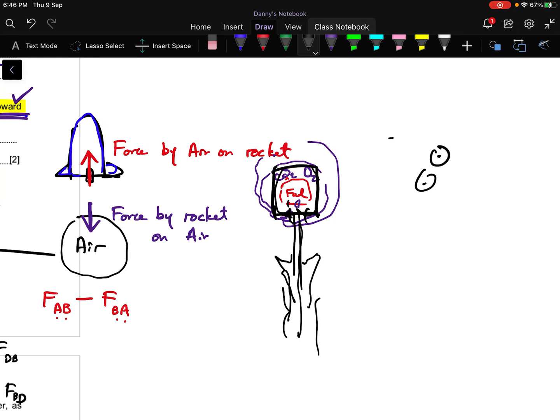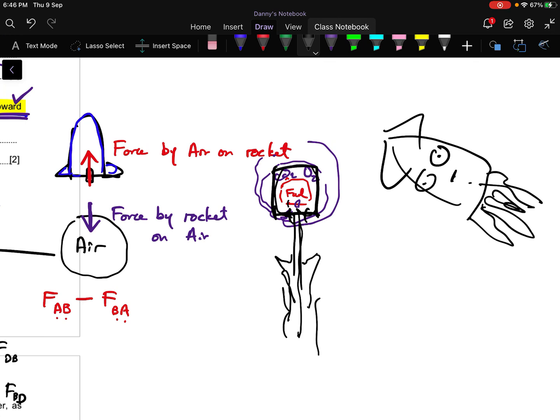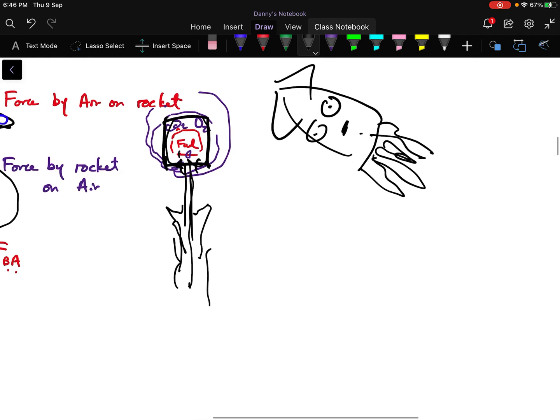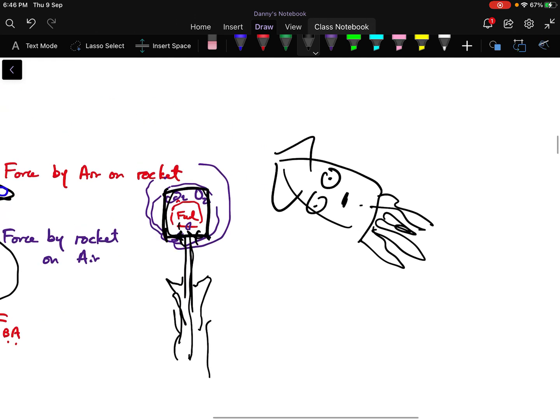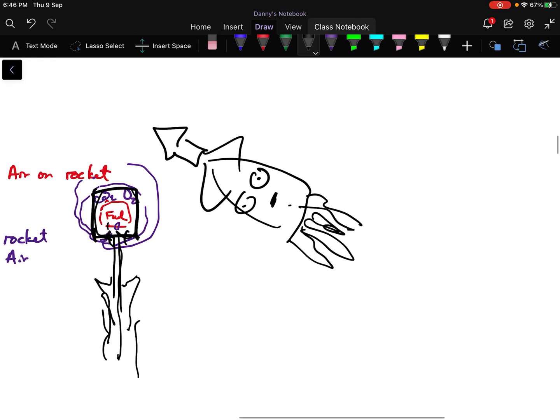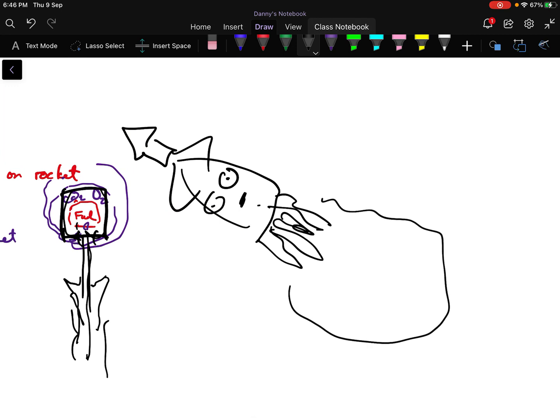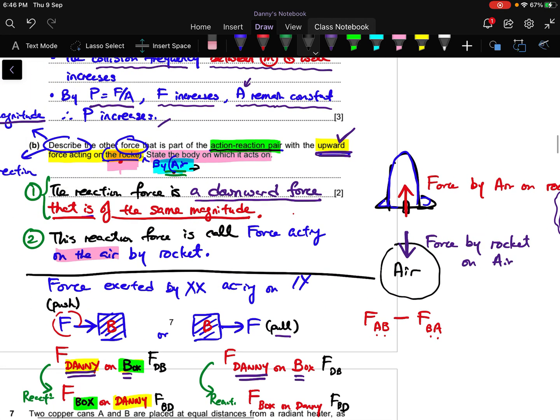If you forget, go and revisit your notes on Newton's third law. You will see that there's a squid, and I used the example of a squid to demonstrate how Newton's third law enabled the squid to go forward, and of course the squid will push a lot of water out. That is Newton's third law also.